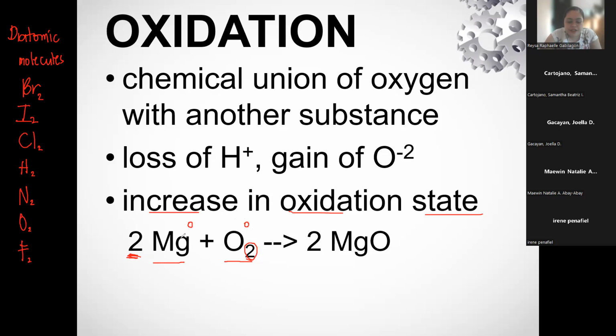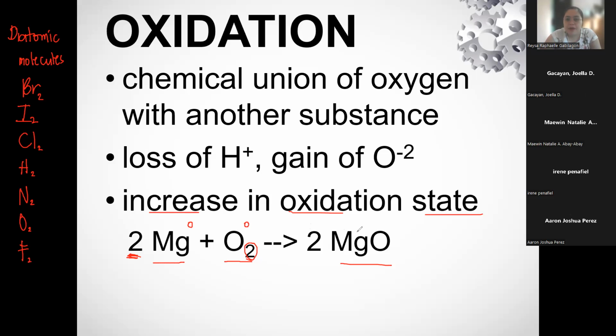So if there is now the reaction of magnesium plus oxygen, that's the time you have the product called magnesium oxide. Okay? Magnesium oxide. And then let's see what happened here. When the substance, class, is combined with other elements, like this, magnesium and then oxygen, they are two different elements. That's the time they assume a charge.